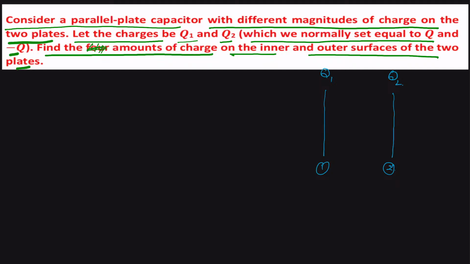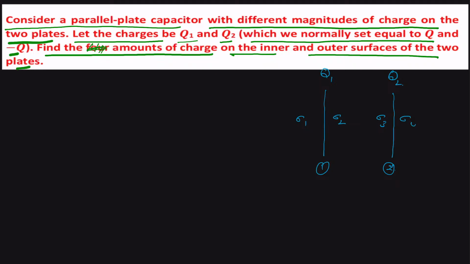And for that we are going to assume the charge distribution, because there are 4 surfaces, one surface is towards the left of our Q1, other surface is to the right of Q1, and then same for our Q2.